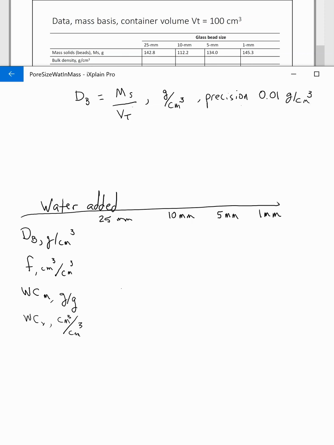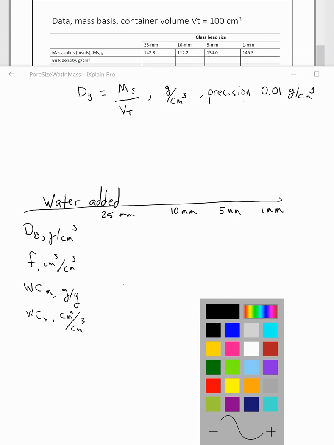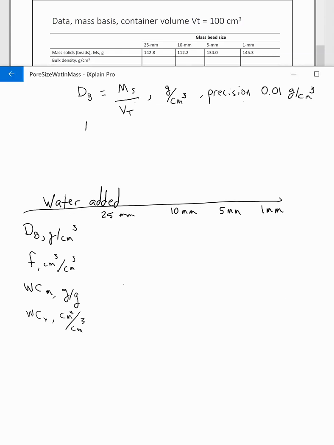We'll do the example for the first one here, and then I will work through the rest of them and put the answers in. But I'll ask you to pause the video at that point and do the calculations yourself, and then check your work. So in our first example, the mass of the solids here is 142.8 grams.